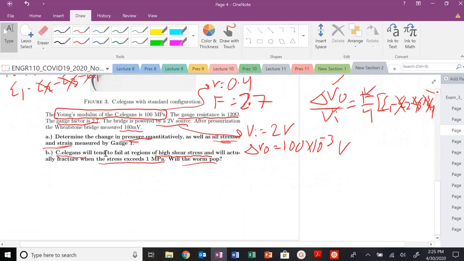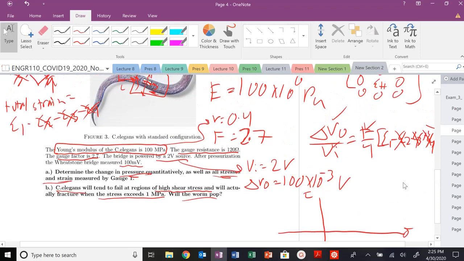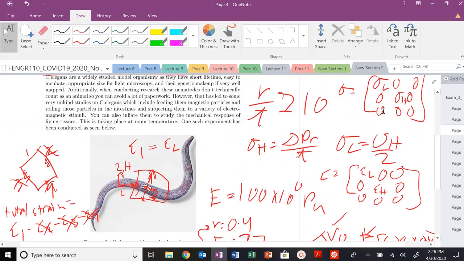Now, it's saying C. elegans will tend to fail at regions of high shear stress and will actually fracture when the stress exceeds 1 megapascal. So this is getting at our old pal, the 3D Mohr circle. For the maximum shear stress values in our 3D Mohr circle, if you look up here, we're already in our principal stress state.